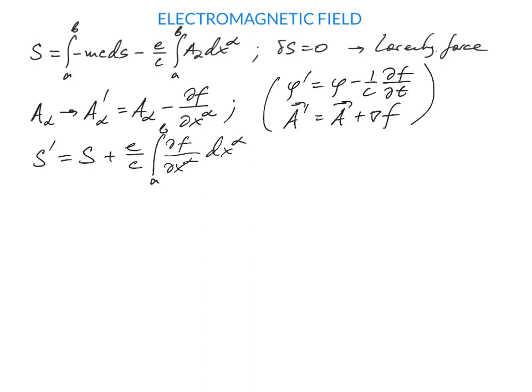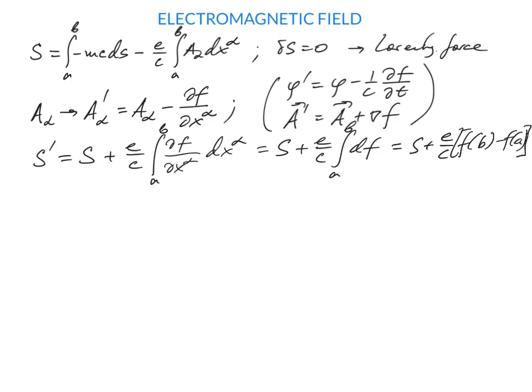Now, this integral is nothing other than the integral of a full differential df. The full differential of df simply gives us f(b) minus f(a). This term does not depend on the trajectory of the particle, because the initial and final points, a and b, are fixed.